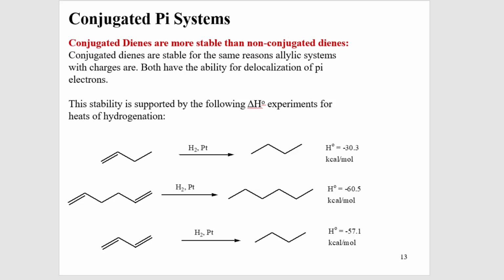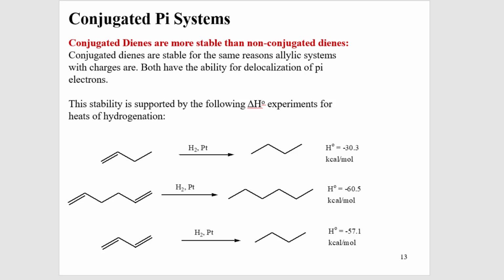Now here's something interesting, kind of like Zaitsev's rule. Over time, people went into the lab and studied the stabilities using delta H chemistry, right? So you can figure out through this exothermic reaction using hydrogenation, right? So we're going to hydrogenate the double bond. You're going to do it in a controlled vessel such that if it's exothermic, you can evaluate the heat given off by the reaction.